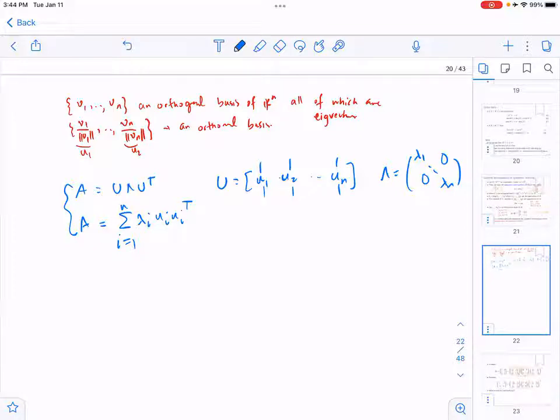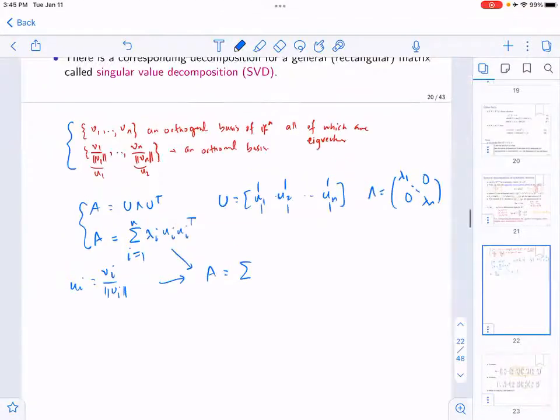So if you agree with this setup, and the Uis are like Vi divided by norm Vi, then this representation gives me that A is equal to the summation of lambda i times norm Vi squared, with Vi Vi transpose. These are constants that come out.